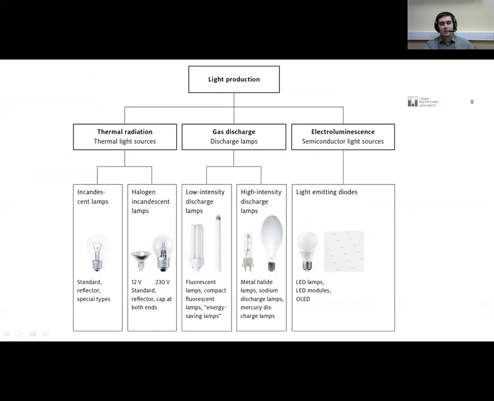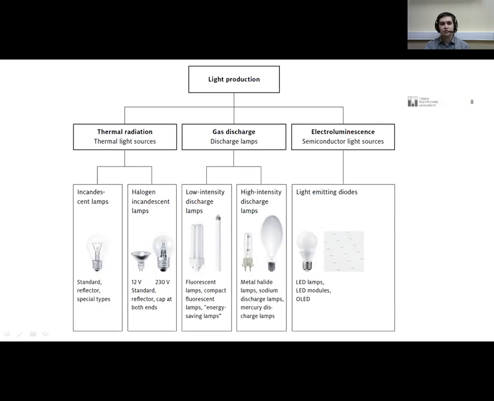So the artificial light sources can be classified into three generations on the basis of the working principles. We know there are three major light source technologies: incandescence, when we speak about the incandescent lamp; electrical discharge, in general fluorescent and high intensity discharge lamps; and solid state lighting, like the very famous LEDs, light emitting diodes, and also organic LEDs.